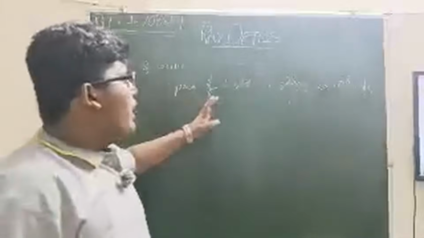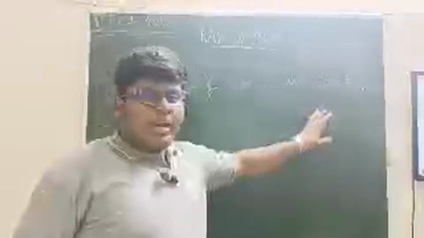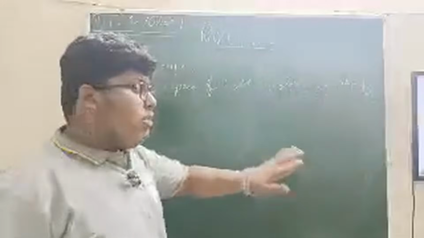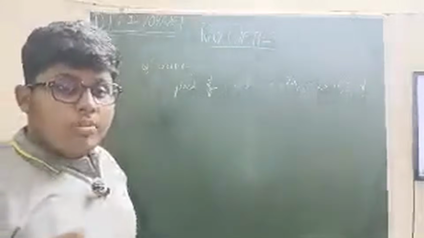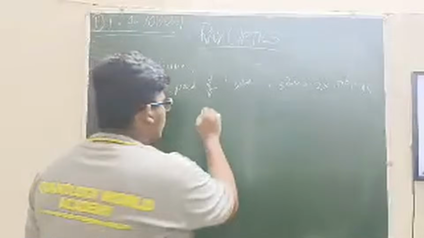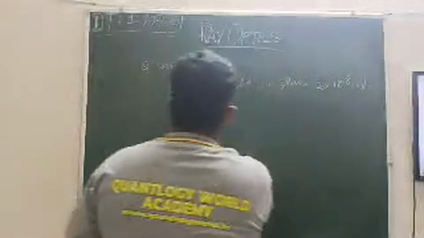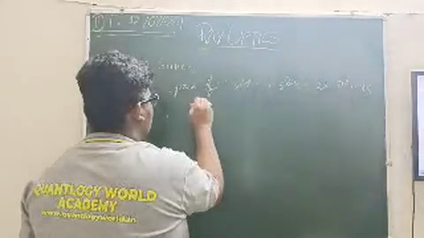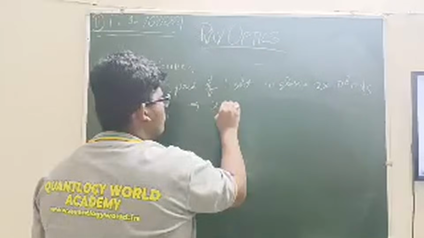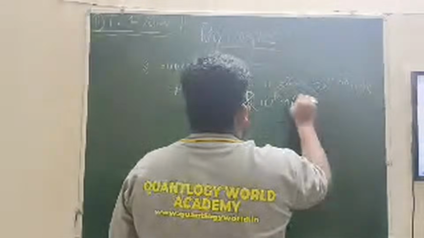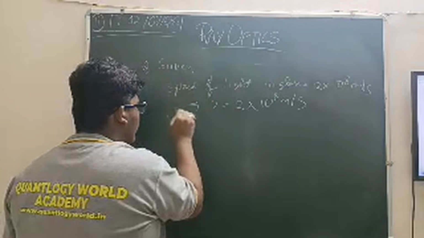In the question it is given that the speed of light in glass is 2 into 10 to the power 8 meter per second. Means we have been given the value of V. What we have to find is the refractive index, or the value of mu. Implies that V equal to 2 into 10 to the power 8 meter per second. We have to find mu.